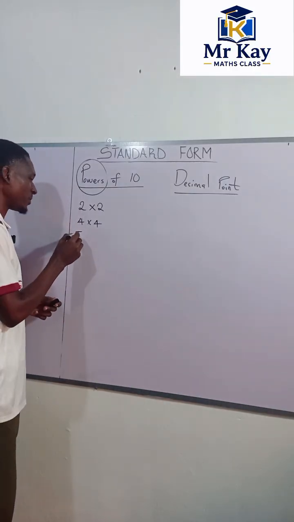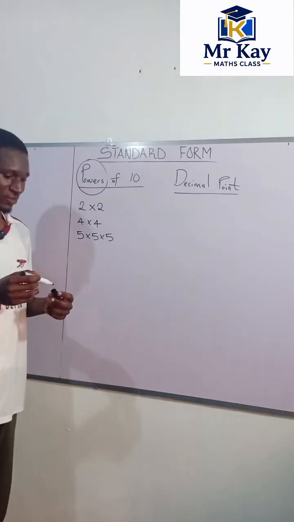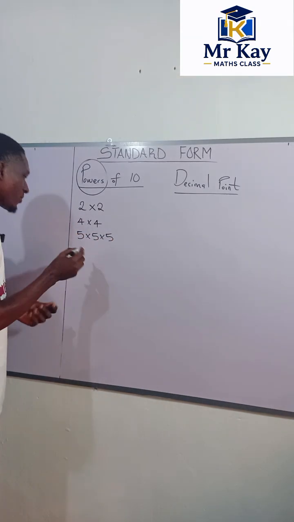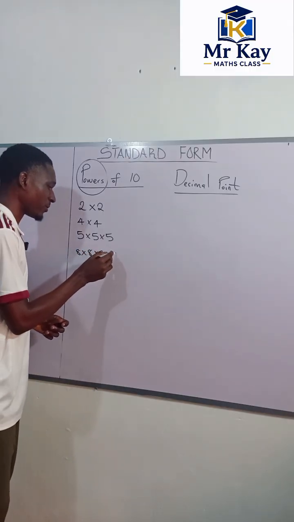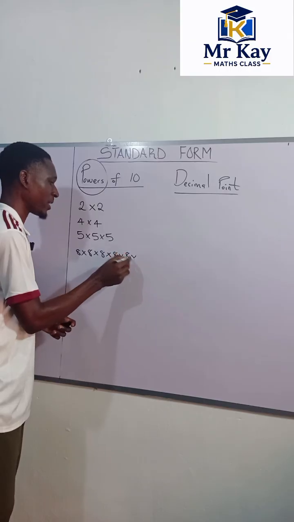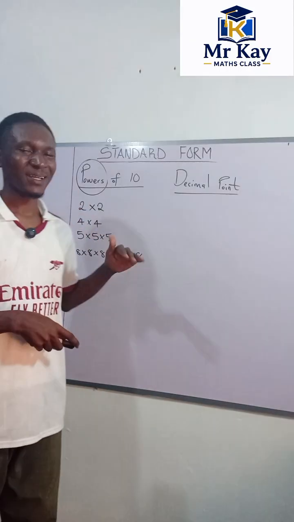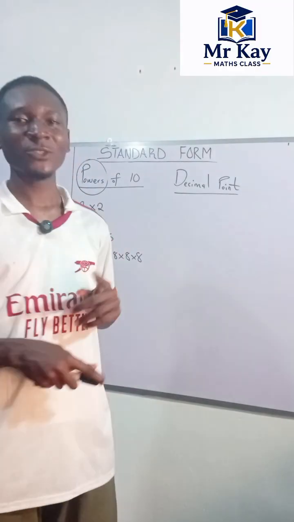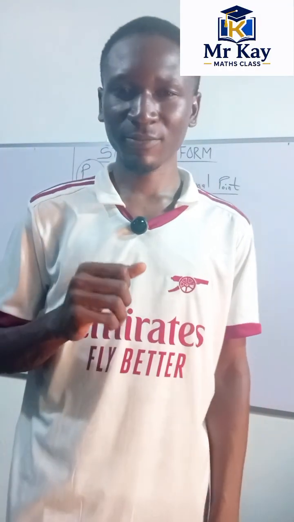Let's say we now have maybe 5 multiplied by 5 multiplied by 5. We have raised 5 to a power. Let me say 8 multiplied by 8 multiplied by 8 multiplied by 8 multiplied by 8 multiplied by 8. You see, we are multiplying these numbers by themselves. The moment you are multiplying a number by itself, you are already raising that number to a power.